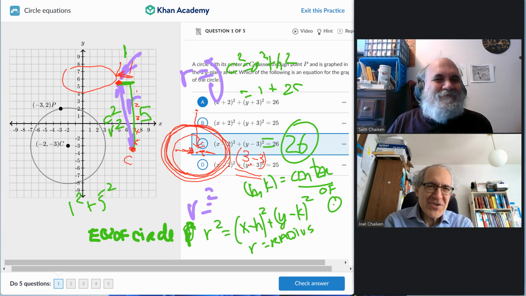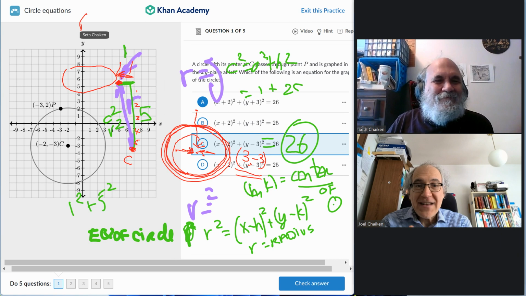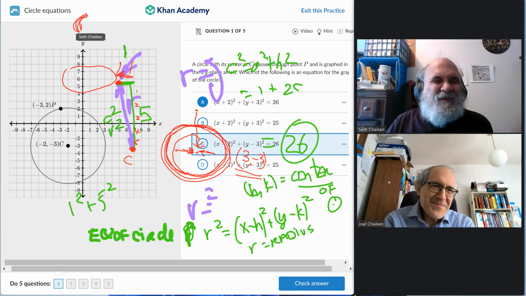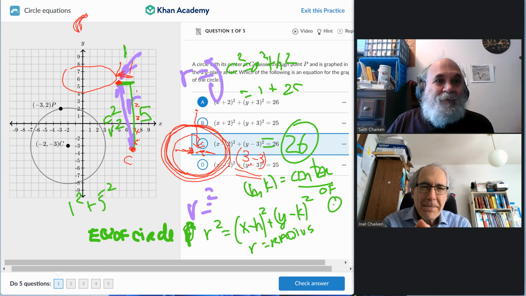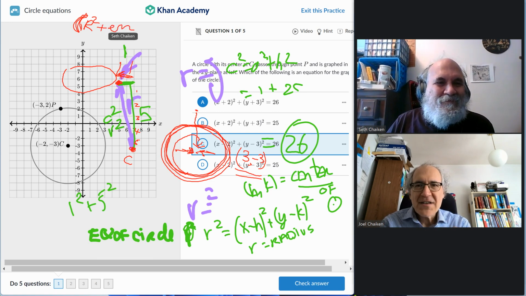You said 2%, but don't you have to be specific as to what the error is of? You're not being very specific. Is it the error in the area, the error in the equation, or the error in the distance?